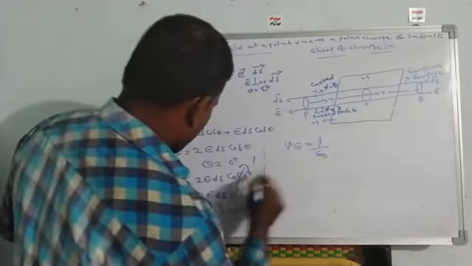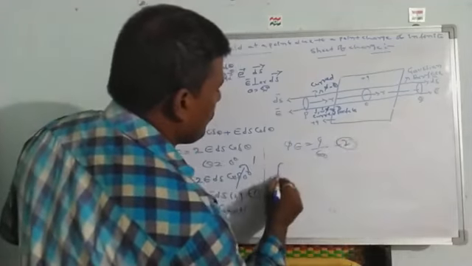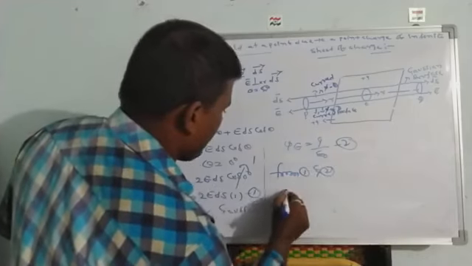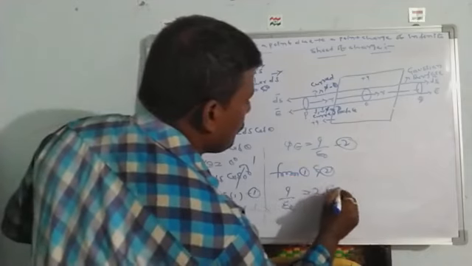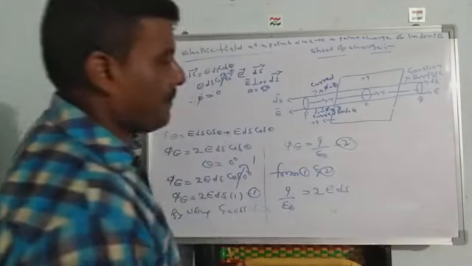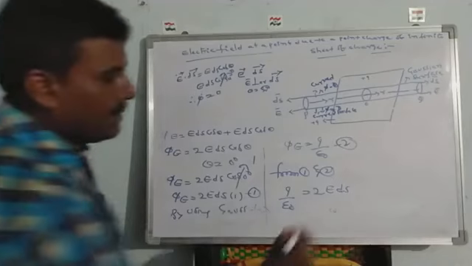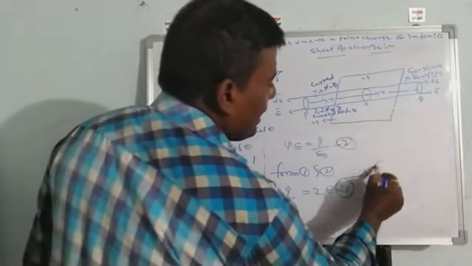So from equation 1 and equation 2, Q by epsilon naught equals 2 E ds. That means ds equals a cross sectional area.